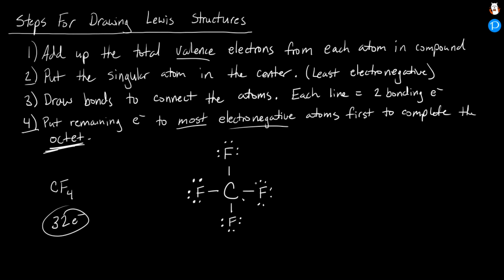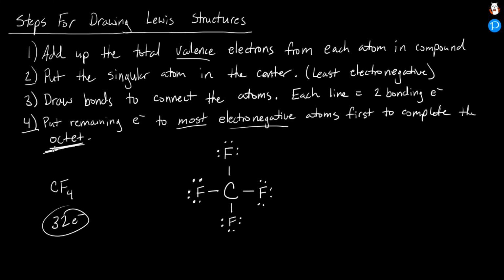Let's count up the total amount of electrons that I've got. 2, 4, 6, 8, 10, 12, 14, 16, 18, 20, 22, 24, 26, 28, 30, 32. I've got a total of 32 electrons, which is what I need to have, and each atom has an octet of electrons. I am done. This would be my Lewis structure for CF4.